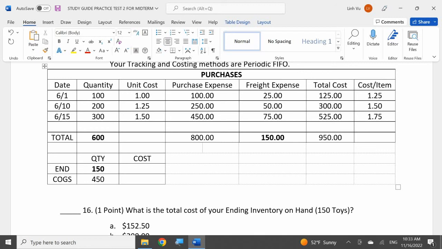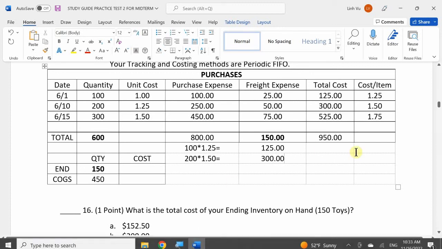You're choosing first in, first out. So we're going to get rid of my very first batch of 100 units at $1, which will give you $100. I need to sell my 200 at $1.25, which will give me $250.